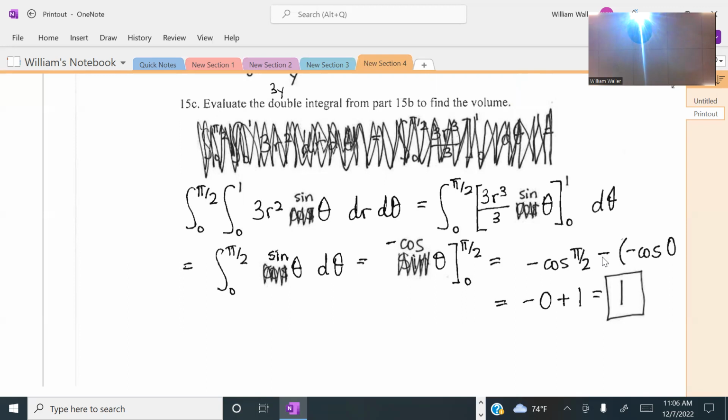I think it's minus cosine. So the antiderivative of sine is minus cosine. Anyway, that's a 1.